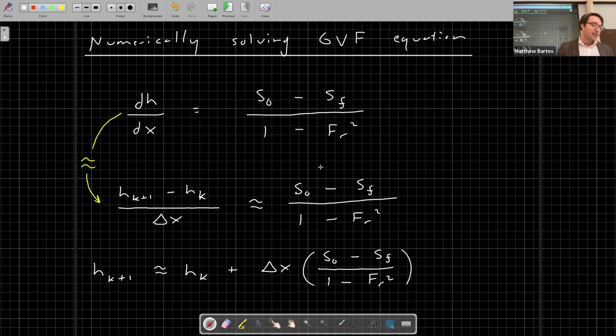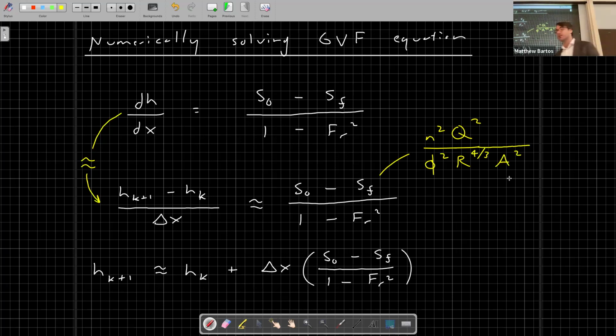So note that the friction slope here is going to be a function of n, q, phi, and then the hydraulic radius to the 4/3 and the area squared. So both the hydraulic radius and the cross-sectional area are functions of what?